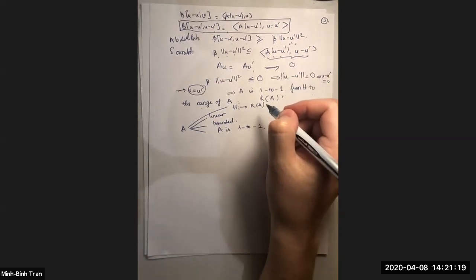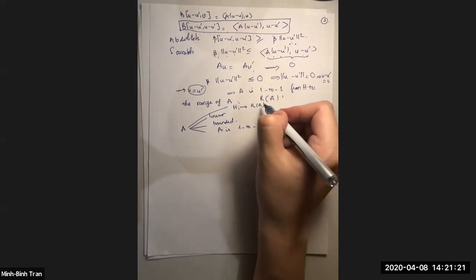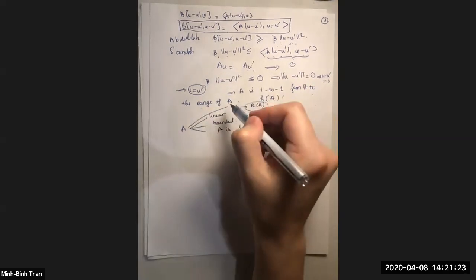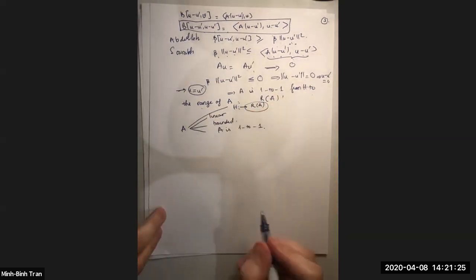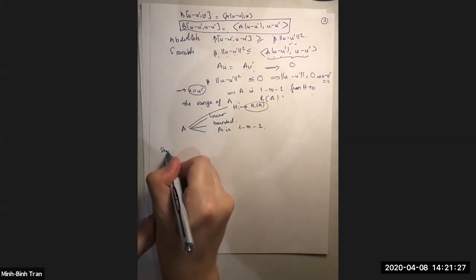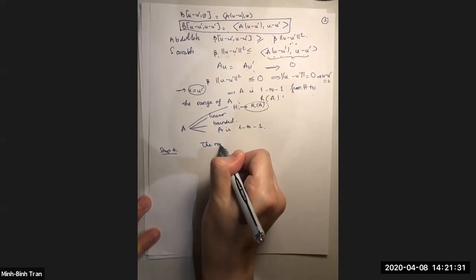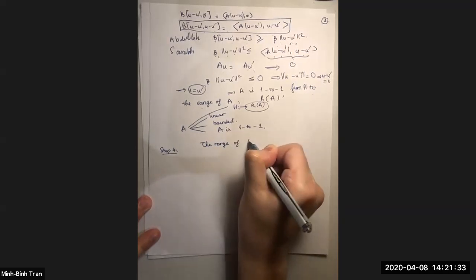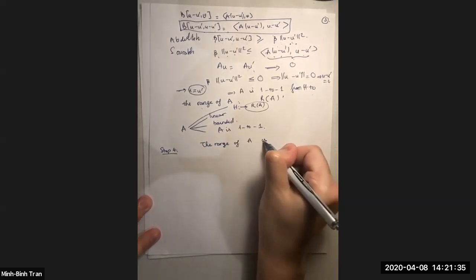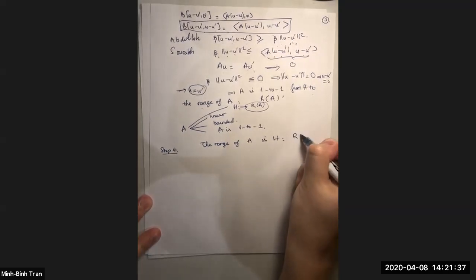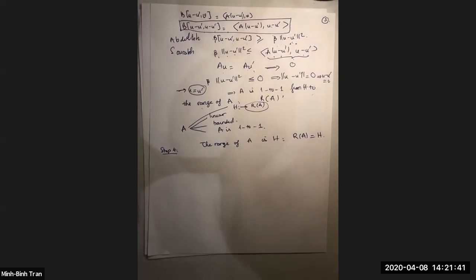Right. So the next thing that I want to show you is indeed this range of A is nothing but H, right? So step number 4. The range of A is H, right? So I has to be equal to H, right?